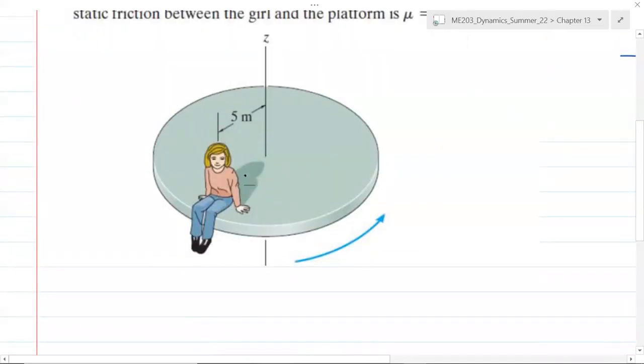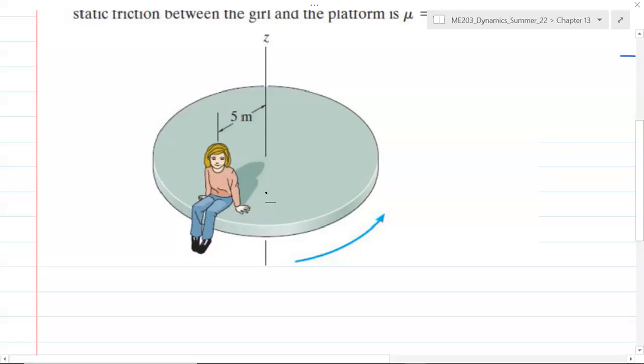So what the problem is asking us is that when the girl is at the platform, initially the platform does not rotate, and then slowly the platform keeps on increasing its speed. Now what holds the girl in place is the friction force between her body and the platform, and what forces her to slide off the platform is the centrifugal force it experiences because of the increase in speed.